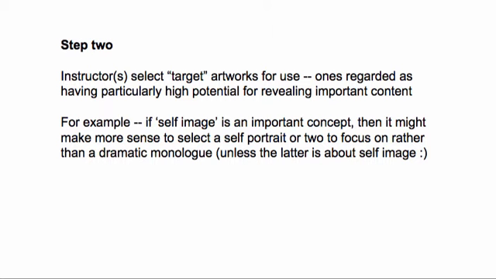And so again, in the example I'm playing out, if self-image is an important concept, then it might make sense for me to select from my list of possible artworks a self-portrait or two to focus on rather than a dramatic monologue, unless the latter is about self-image, because through self-portraiture I can get at that concept of self-image fairly directly. So that's the kind of thinking, but it's really a thought process at the front end. You're gathering things and then you're making a selection process.